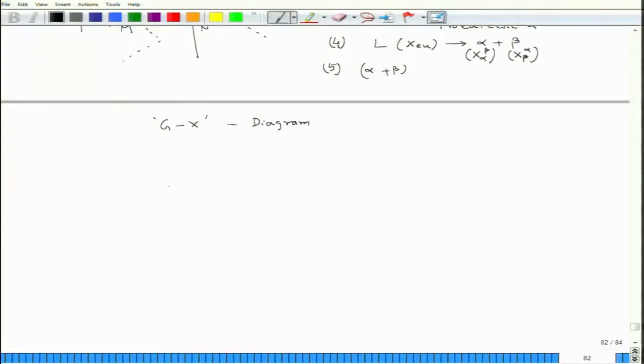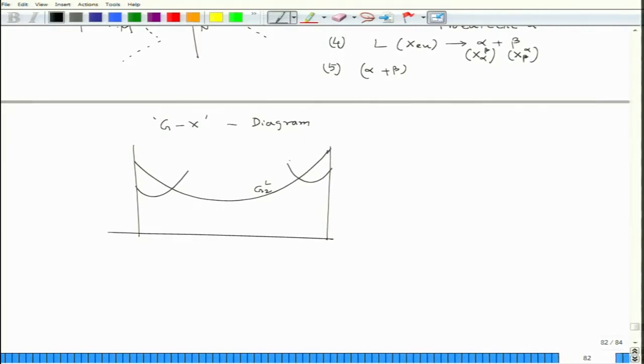Now, as we have understood, let us consider a situation like this. If this is my liquid G2 liquid, and this is my alpha, G2 alpha, and this is my beta, G2 beta, then we have a common tangent which indicates equilibrium between liquid and alpha, and one more common tangent which gives us equilibrium between beta and liquid.